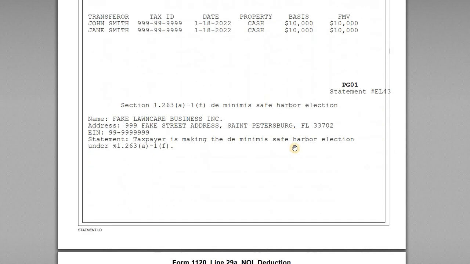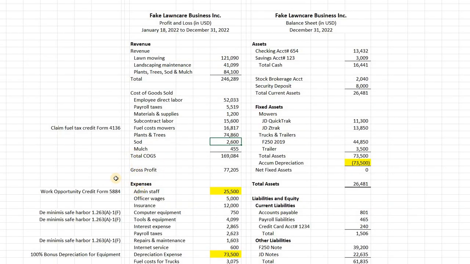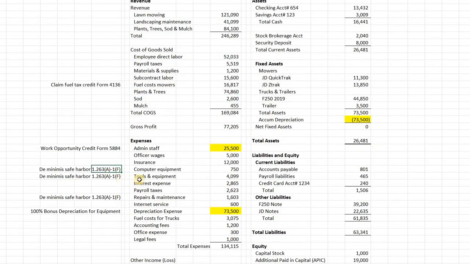the regulations. The last election statement that we've got here is the de minimis safe harbor election. So recall on the financial statements I noted here the de minimis safe harbor election. So purchases for some computer equipment, tools and other equipment, repairs and maintenance expense. So when you purchase, these are assets in a sense, right?